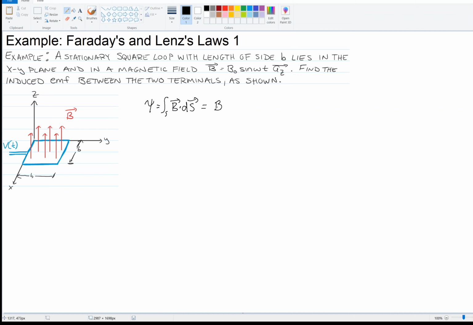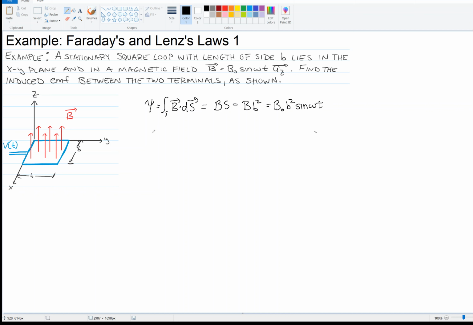It just becomes B times S, which is B times little b squared, right? The area of a square. And what is B? B is this B0, so I'll just put B0 then times little b squared sine of omega t, like that. Okay, so that's our flux.